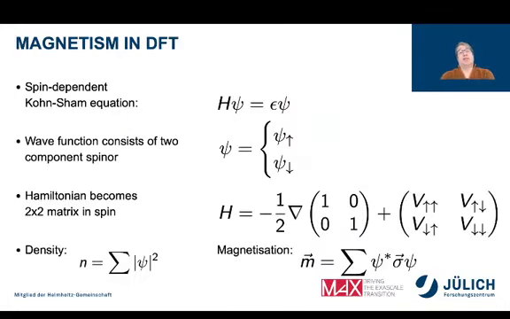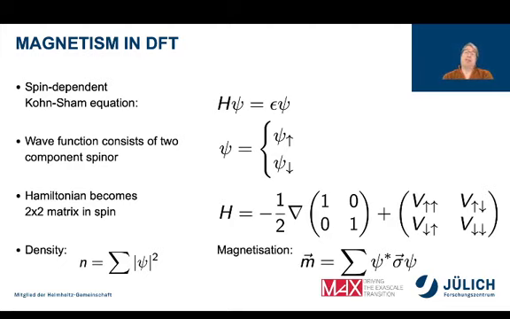Okay, if you now step back a little bit and think about how we treat magnetism in DFT in general, what happens, of course, is that our Kohn-Sham equation, written here in a very simple form, becomes somehow spin dependent.